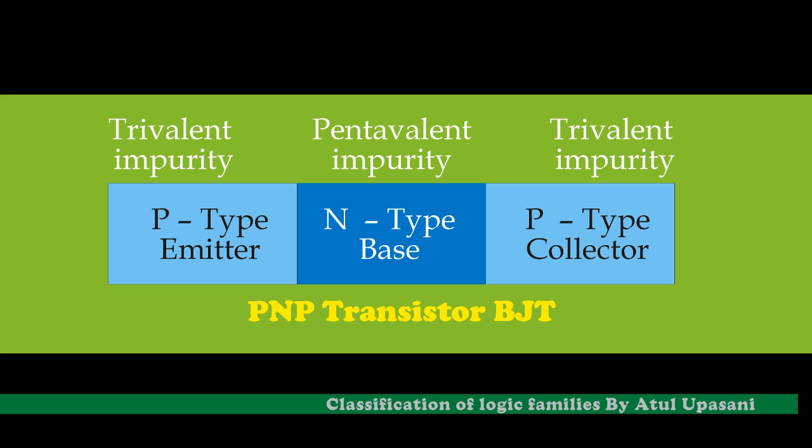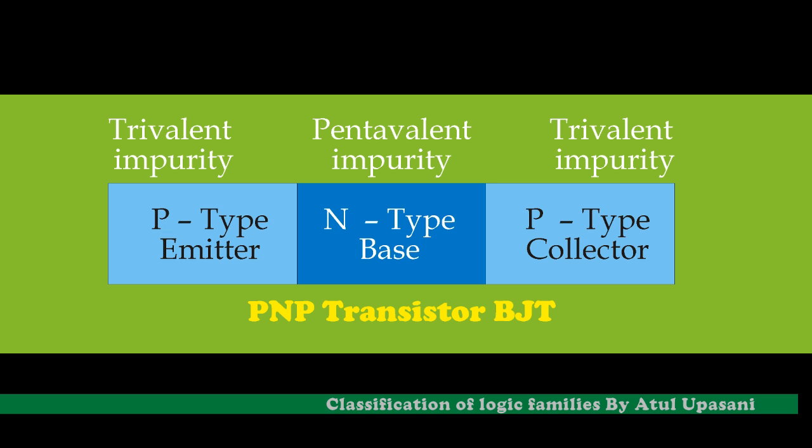One of the p-types is called the emitter and the other is called the collector. All the current emitted by the emitter will try to flow towards the collector, and it will have to pass through the middle region, that is the n-type. The middle one is the base. In this way, there will be current conduction from the p-type emitter to the p-type collector.